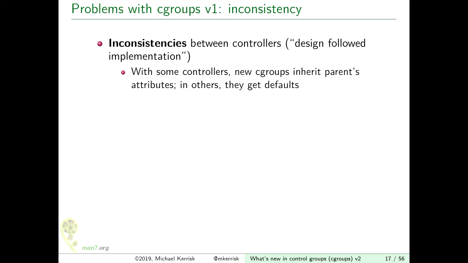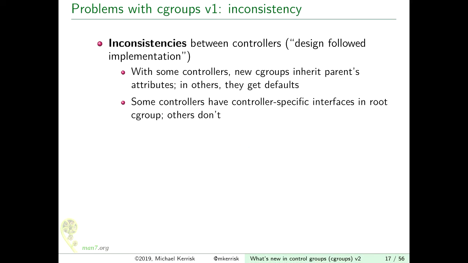Okay, another problem with Cgroups version 1 was just a question of random inconsistencies. There were 13 different controllers, in many cases designed by different groups of people to scratch their own itch, and they didn't necessarily look at what other people had done with their controllers. They just made up their own decisions about interface design. So there was a lot of random differences between the various controllers.